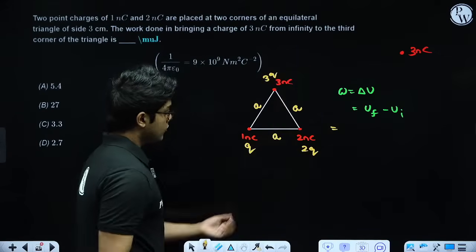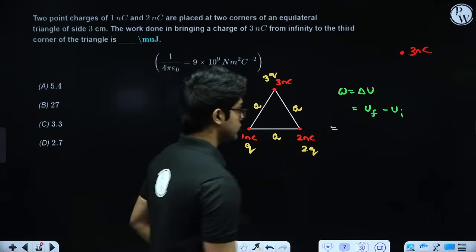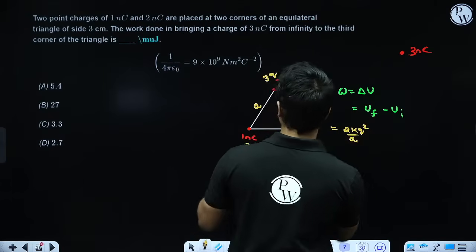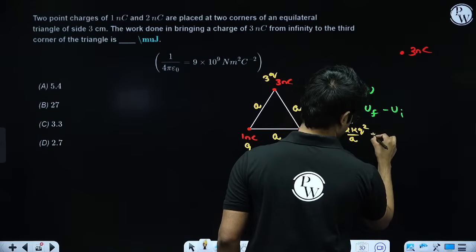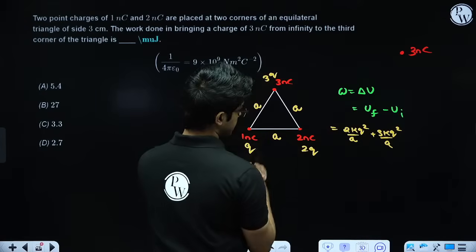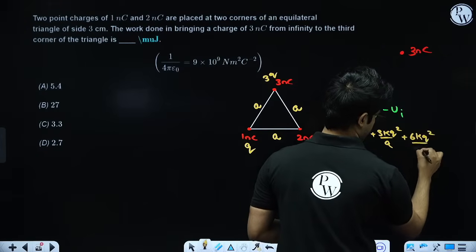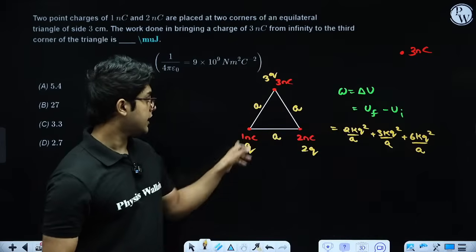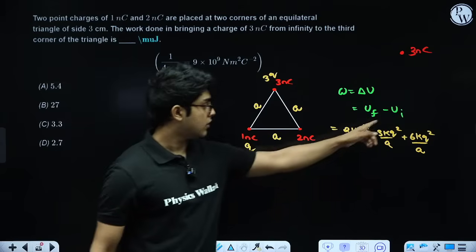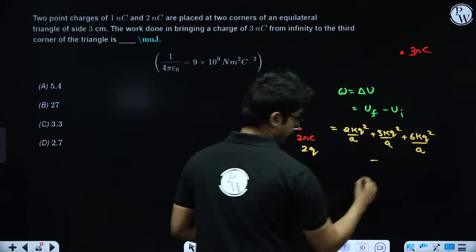Okay, so the interaction of these two will be KQ times 2Q divided by A, so that will be 2KQ square by A, and interaction of these two will be 3KQ square by A, and interaction of these two will be 6KQ square by A. Okay, so this is the 3 mutual interactions between the charges, and initially only these two existed, so we have to subtract 2KQ square by A, right?